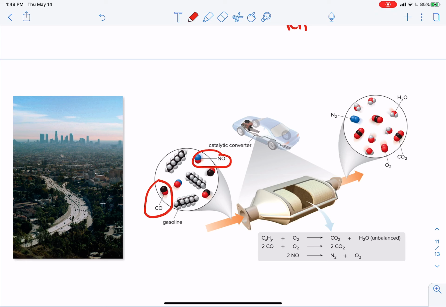So carbon monoxide, if we inhale that, it hops onto our hemoglobin, and it has a higher affinity for our hemoglobin than oxygen does. So that's not really good for our circulation.